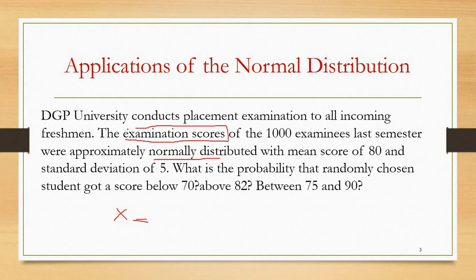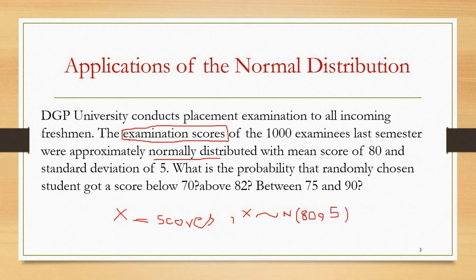So our random variable is associated with the examination scores of the examinees, and these scores, it means this random variable is normally distributed. This N is representing the normal with mean mu, which is 80, and standard deviation 5.